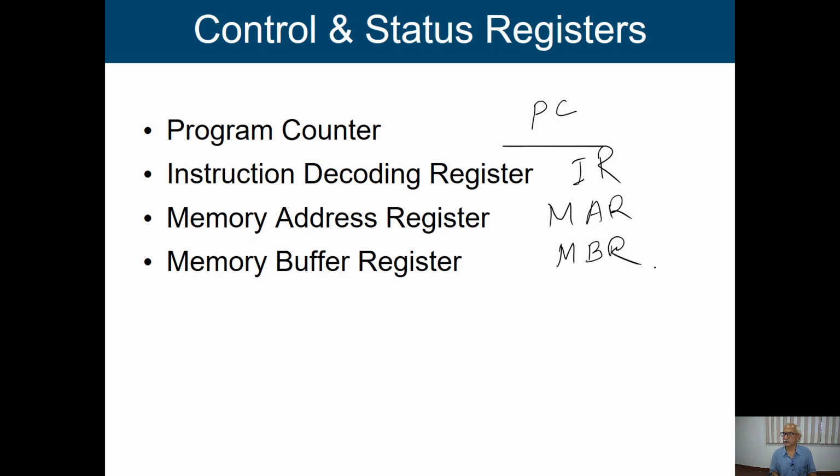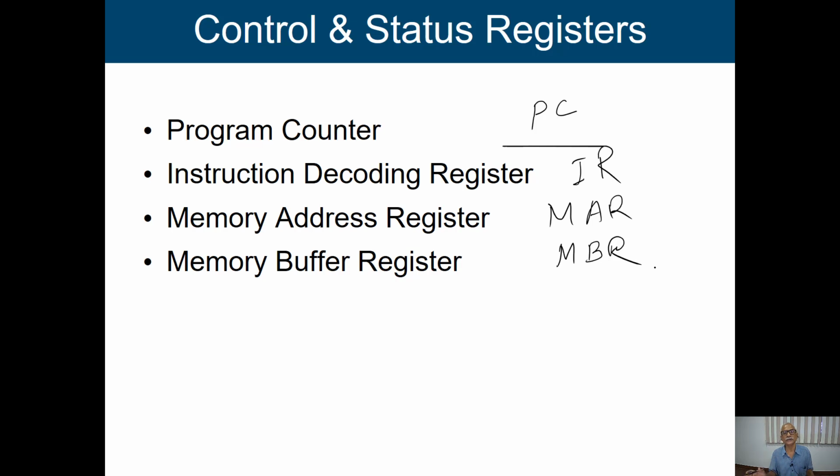The memory address register is an interfacing register between the processor and memory. It keeps the address of the memory location from where we are going to bring the information or store our result. The memory buffer register is the second interfacing register, where we keep the data. If it is a read operation, first it comes to the memory buffer register, and from there we transfer it to the appropriate destination.